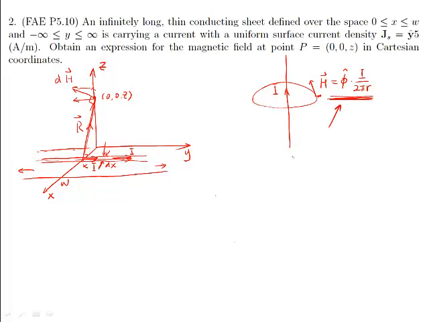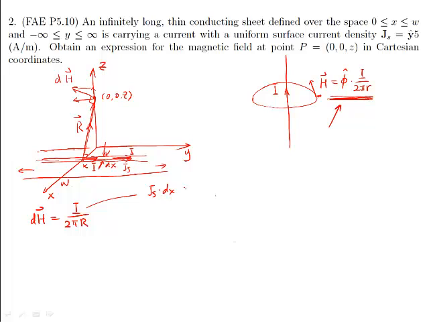Following this example, we know that for dH, its magnitude is going to be I over 2 pi r, where r is this distance vector. In this case, the current I is simply given by Js times dx, because Js is the surface current density, and dx is the width of the strip.